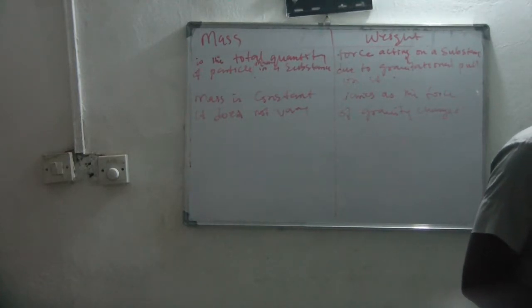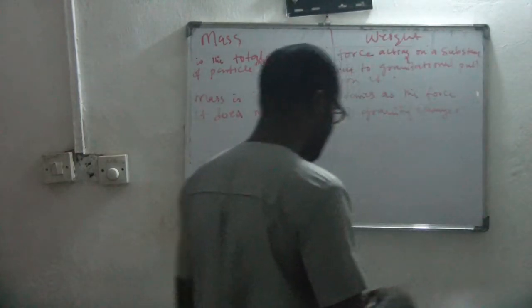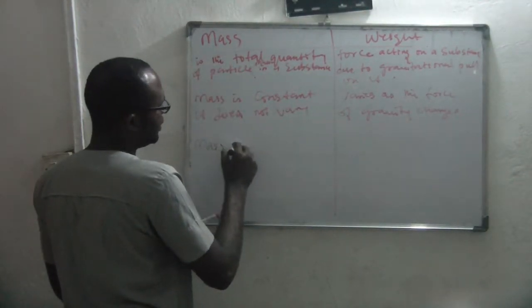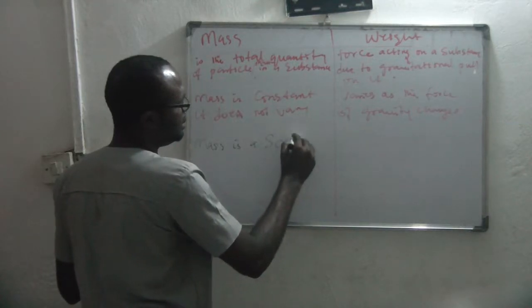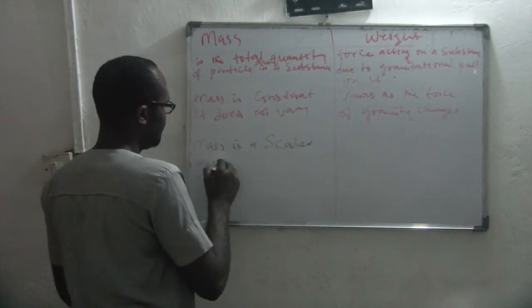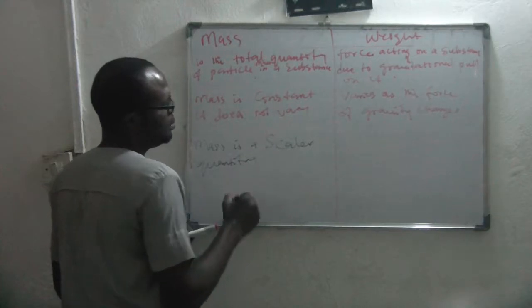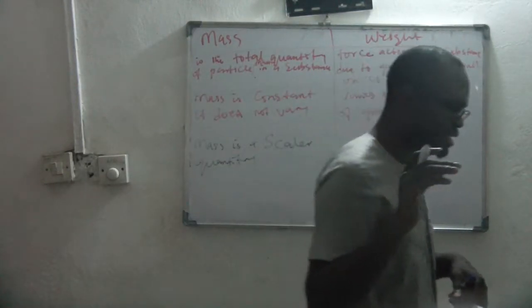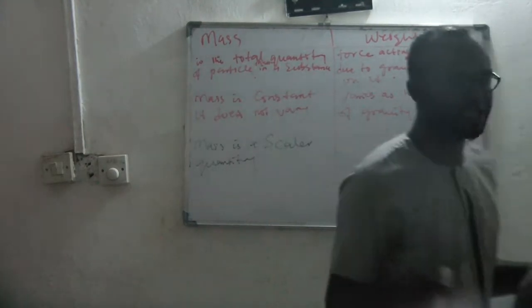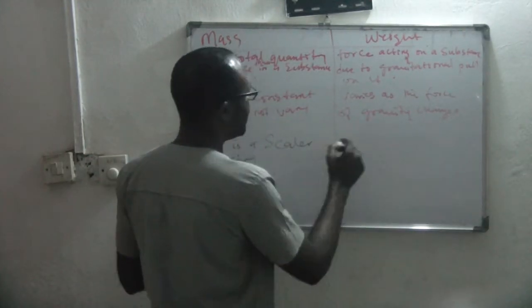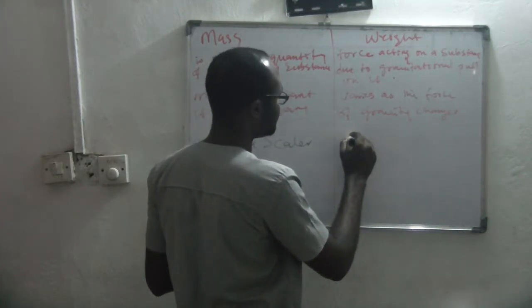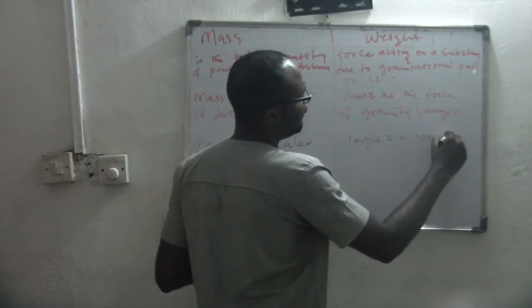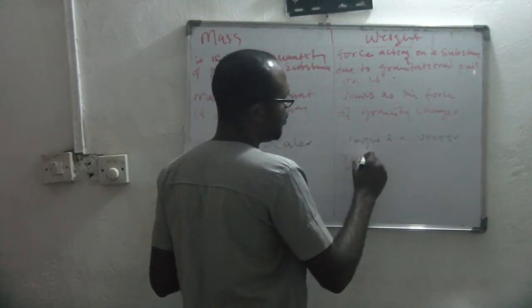Mass is a scalar quantity. It has magnitude but no direction. Whereas weight is a vector quantity.